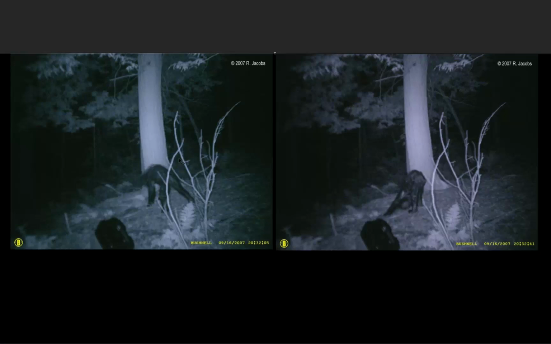So we can kind of see that whatever this is, it's moving from right to left, just a step or two. So let's take a closer look.